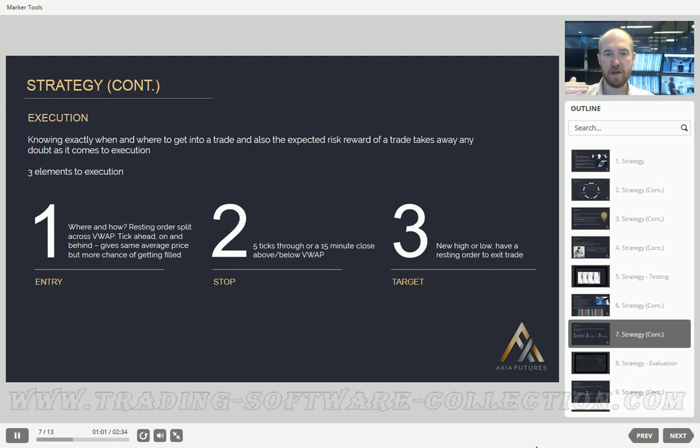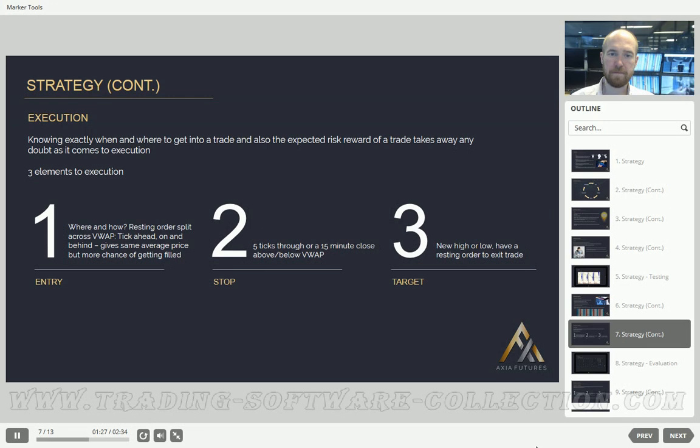So having an order just in front of the VWAP, on the VWAP, and just behind means that even if it goes slightly through, you're essentially in the same position as if you got your whole fill at the VWAP. But also by having that order ahead of it means that you can get in even if it doesn't quite touch it or doesn't quite fill the order that's resting on the VWAP. So that's the type of order you're going to be using to enter.